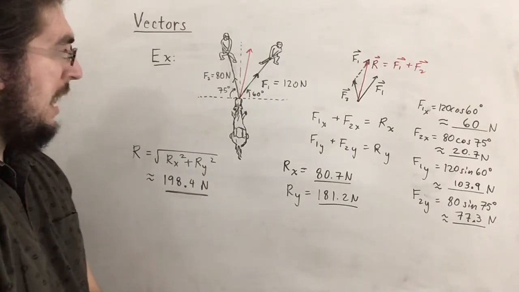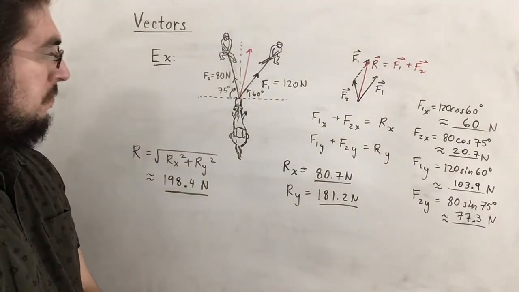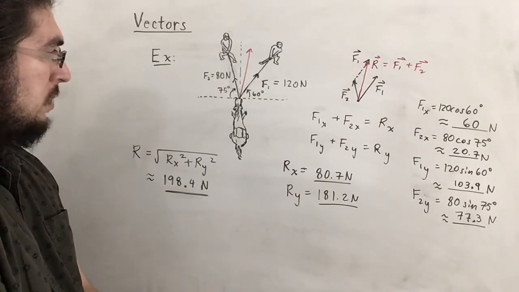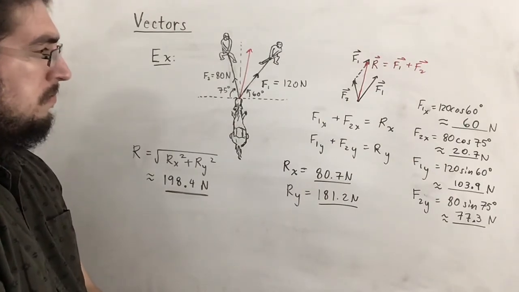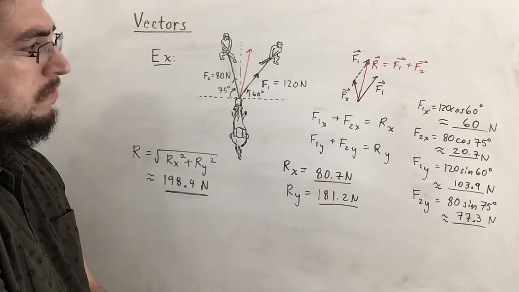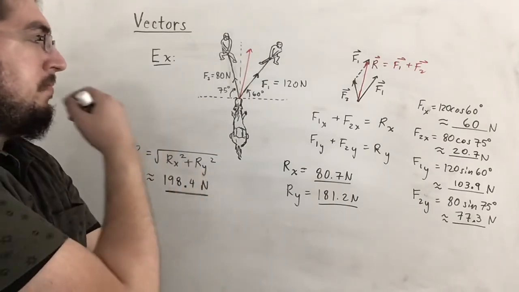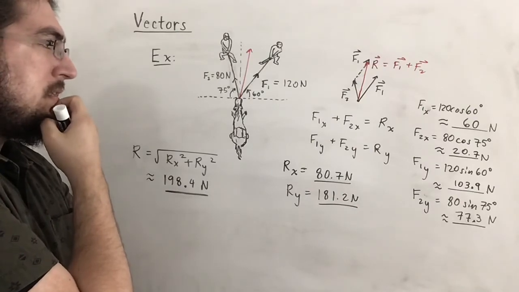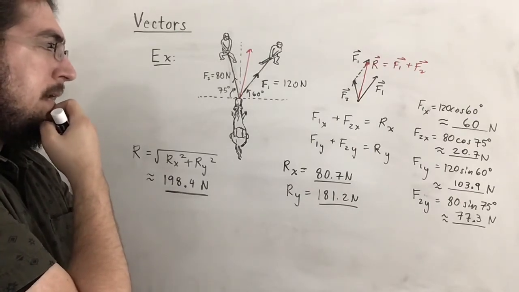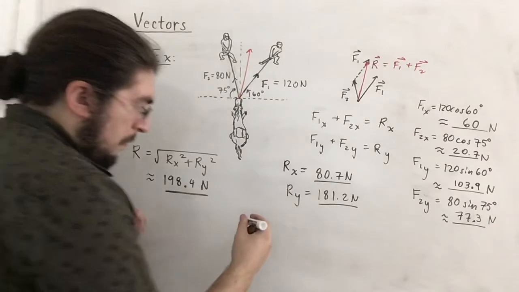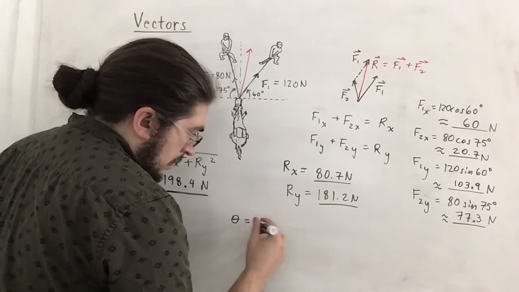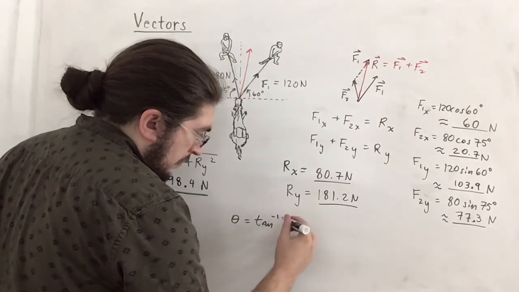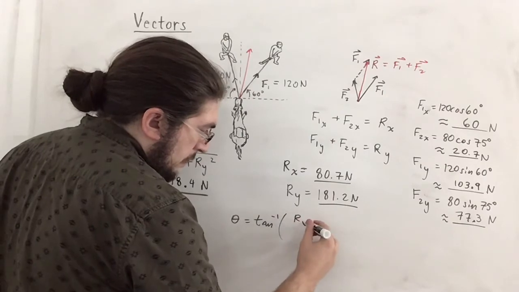So now can we find the actual angle? Well, we can, but let's think for a second what's going on. Remember we discussed that the angle is tangent inverse of the y component divided by the x component.